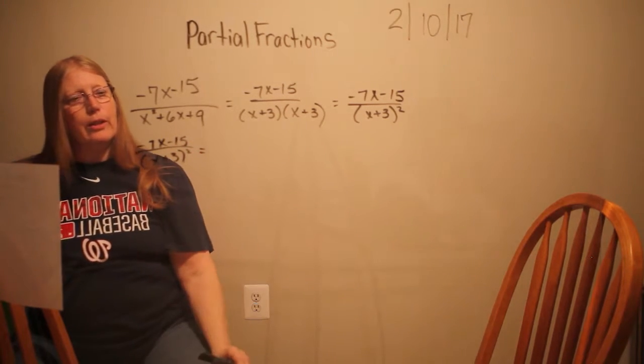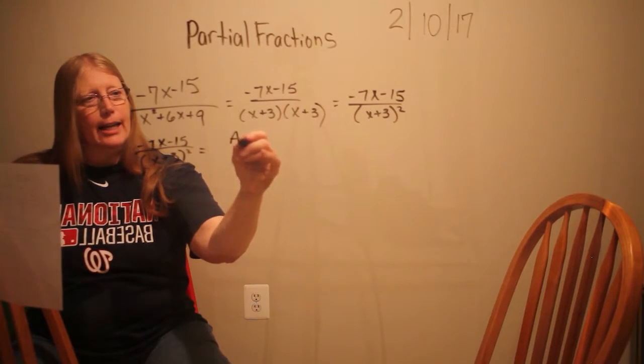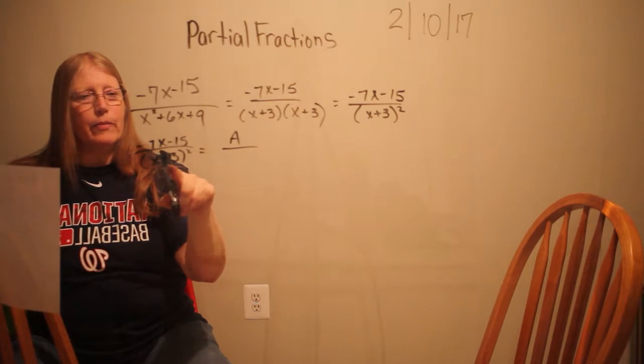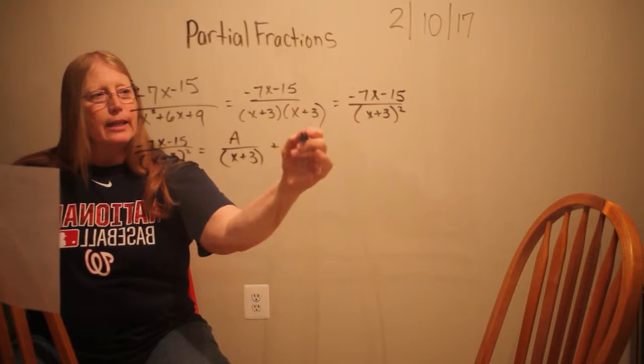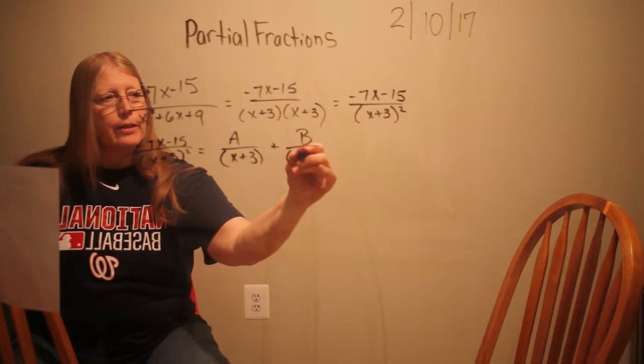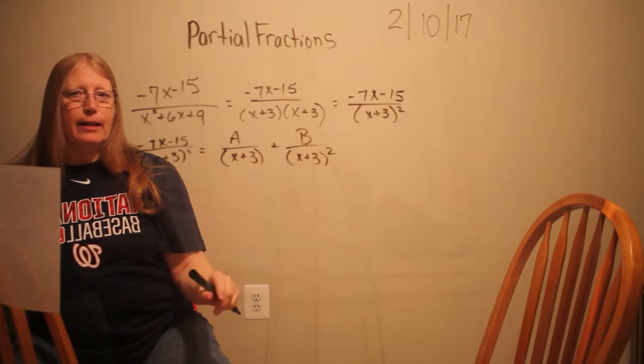I'm going to show you how to set it up. This time, we put a over just the factor before it's repeated, x plus 3, and the second factor is over the factor repeated. So do you recall how we did that?